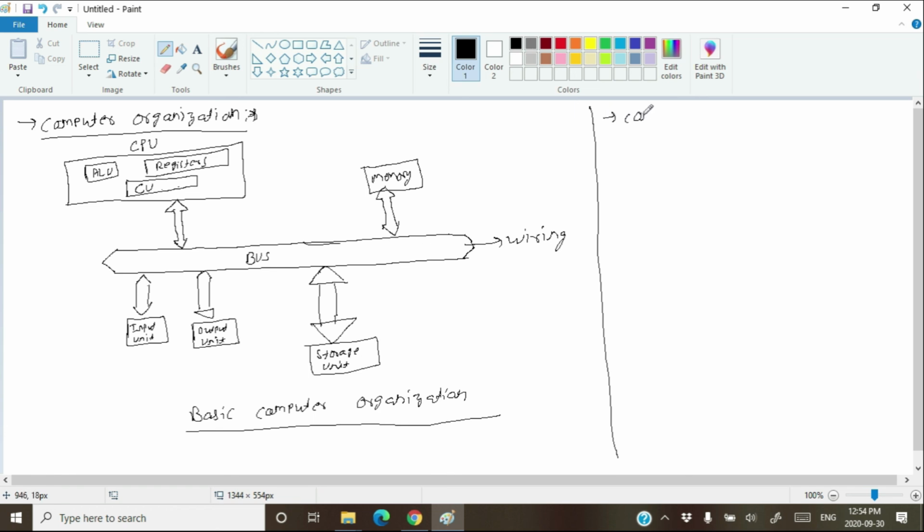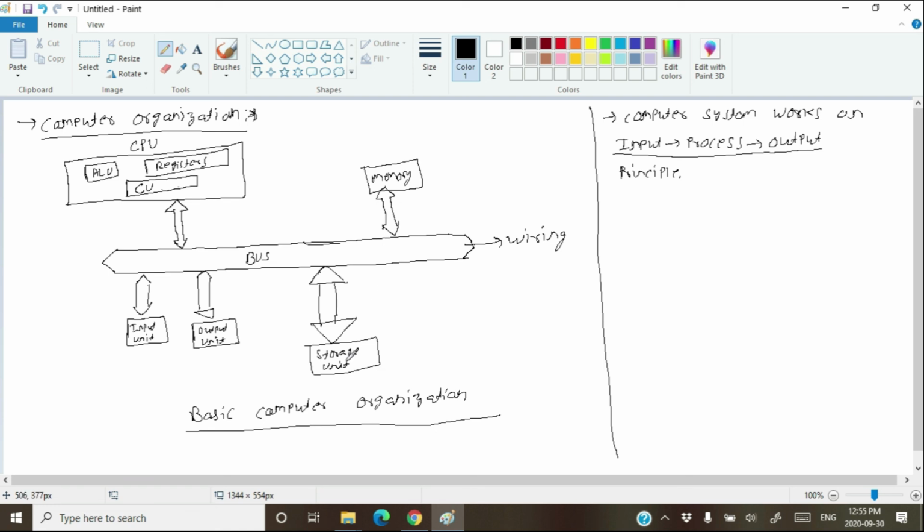Computer system works on the input, process, output principle.